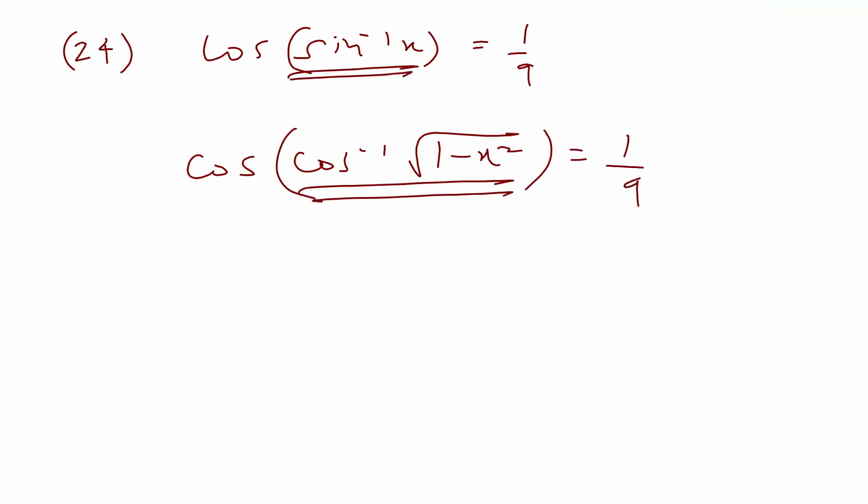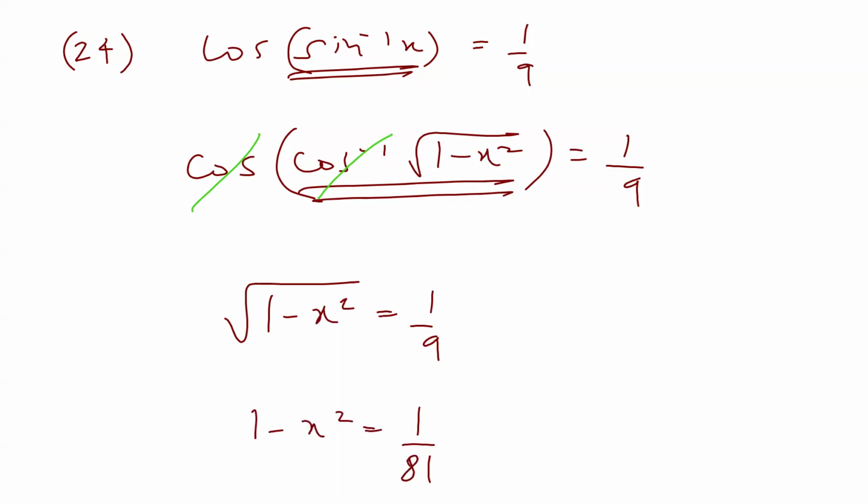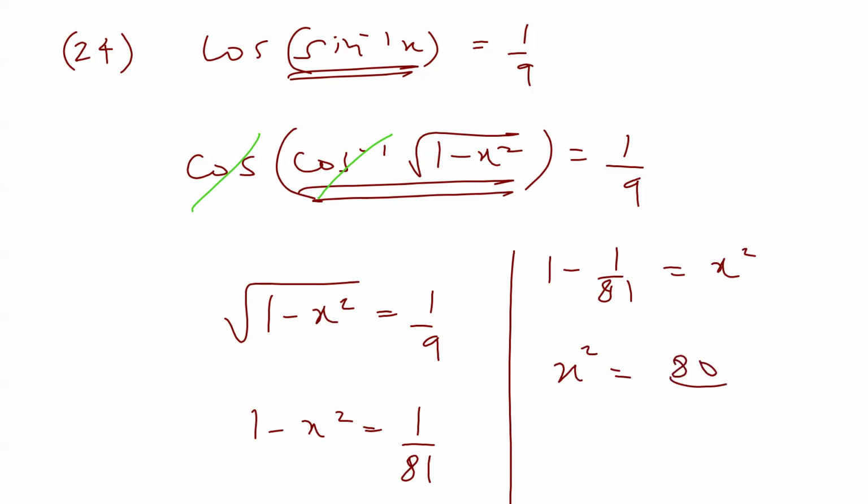So cos inverse and cos will get cancelled. So root 1 minus x square is equal to 1 by 9. Squaring both the sides, 1 minus x square is equal to 1 by 81. So 1 minus 1 by 81 is equal to x square. So x square is equal to 80 by 81. X is equal to plus or minus root of 80 by 81.